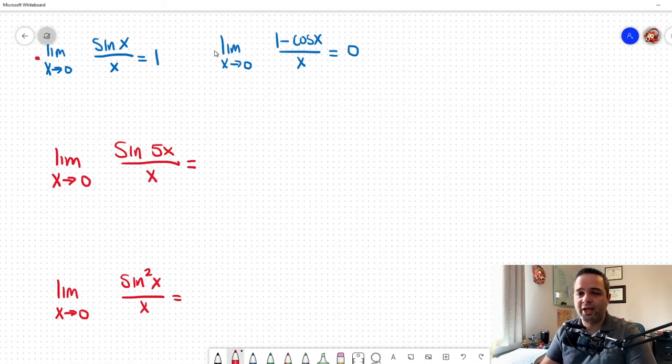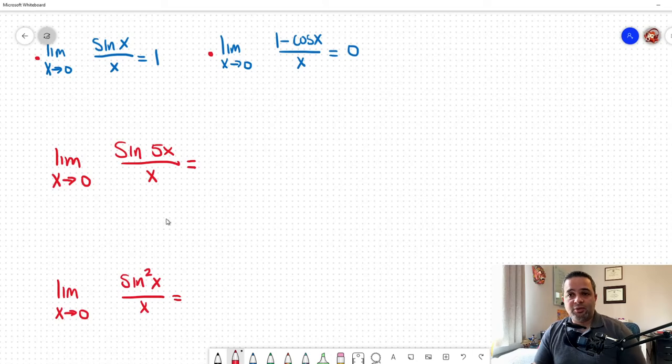So we had the limit as x approaches 0 of sine of x over x is equal to 1, and the limit as x approaches 0 of 1 minus cosine of x over x is equal to 0. In the book, they used the squeeze theorem to prove that analytically, but you can also prove that those limits are those numbers using numerical values and graphs. It's probably easiest to see it by just graphing the function.